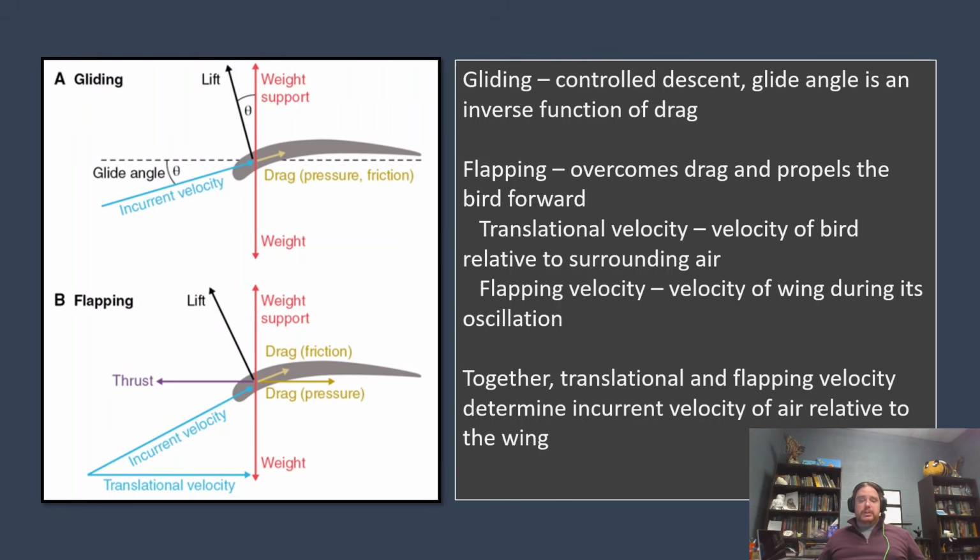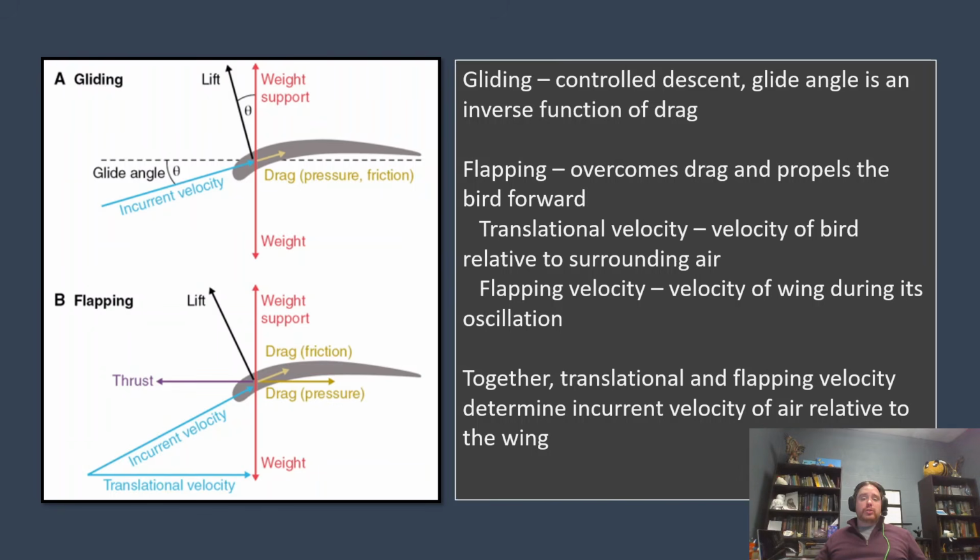The first is gliding. Gliding's pretty straightforward. Gliding is a controlled descent. A bird will hold its wings out and just slowly descend. They will hold their wings in such a way that they are creating a specific amount of drag so that they approach the ground or a perch or wherever they're trying to approach at a specific angle.